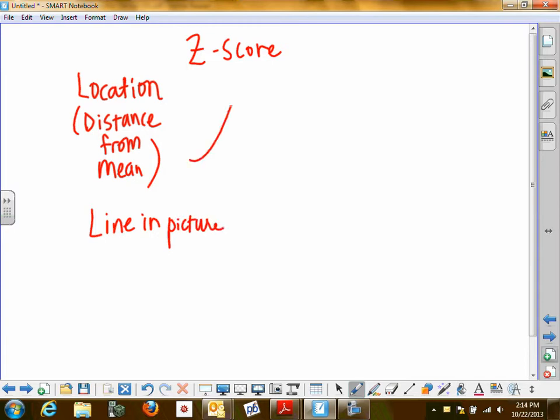So if you're doing this, then your z-score is this location here, and it's this location relative to the mean. All right. So your z-score is a line based off of this distance, okay?